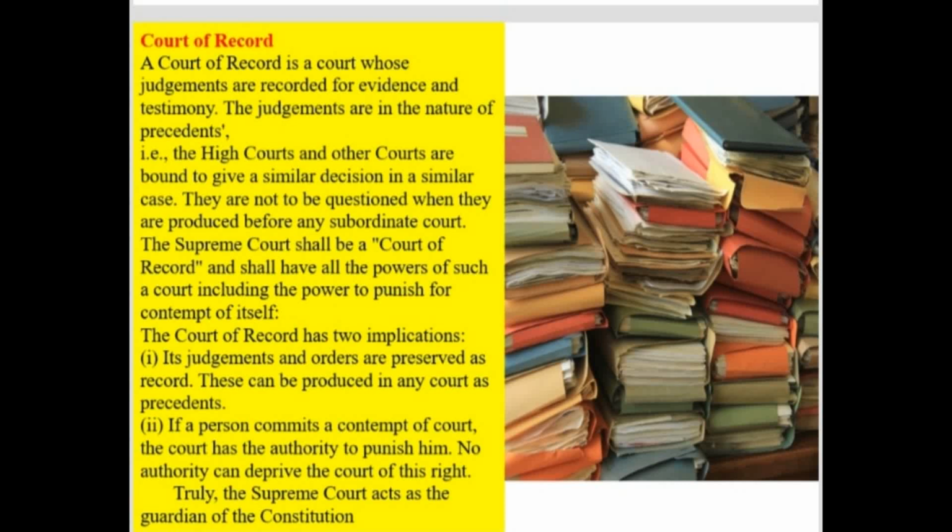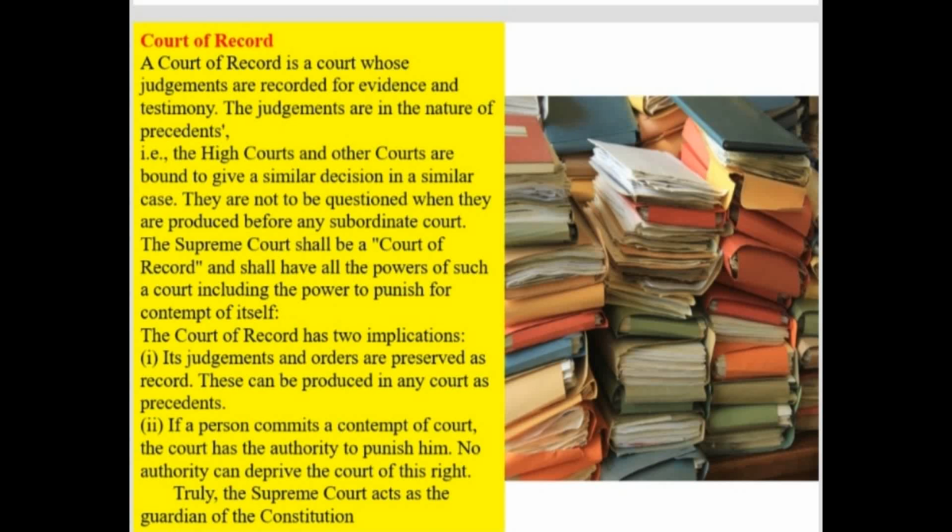So it is a very important provision in the Supreme Court, and there are two implications of this court of record. How are they understood, or what is the effect of the court of record? Its judgments and orders are preserved as record, and these can be produced in any court as precedent.